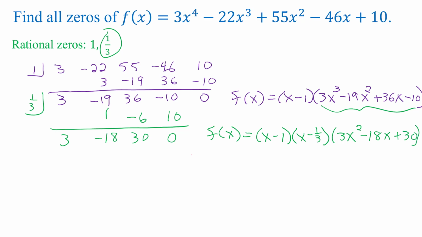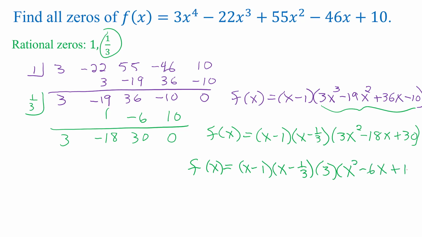Before moving on, I'm going to factor out a 3 so that we have x minus 1 times x minus 1/3 times 3 times x squared minus 6x plus 10.